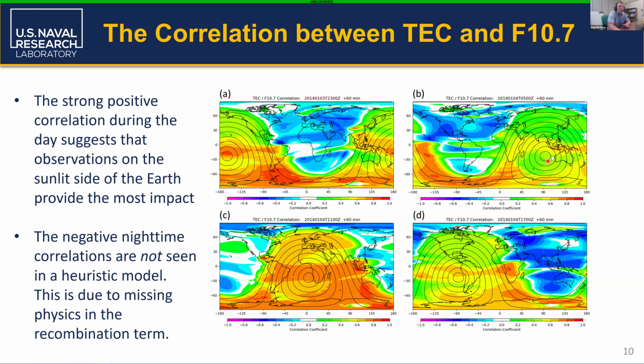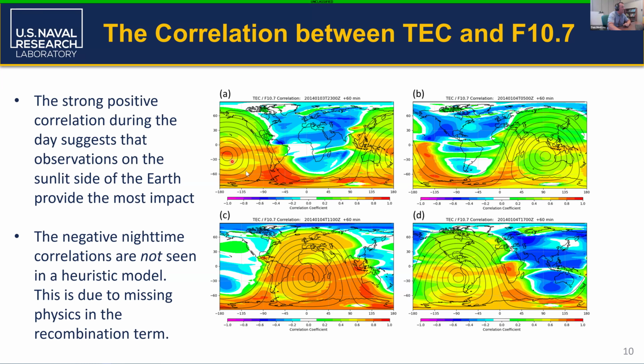Here, these circles on the plot are solar zenith angle, and this central circle denotes that the sun is directly overhead. If you look at each one of these, these are at different times: basically 0Z, 6Z, 12Z, and 18Z.